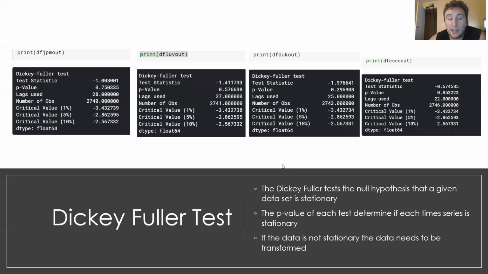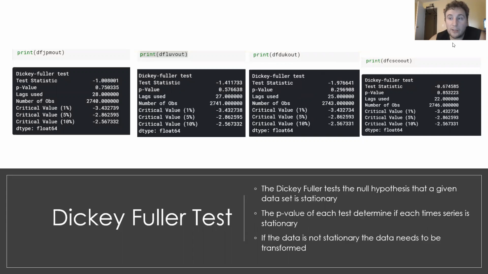So the next thing that we use here is the Dickey-Fuller test to test the null hypothesis that a given data set is stationary. We can see from the p-value from each one of these that they're probably not stationary. Actually, the Duke could be considered stationary, though it is getting to the point where we may still want to use the transformation anyway.